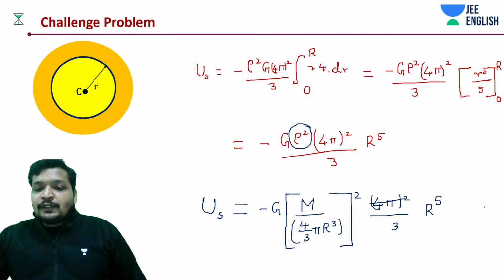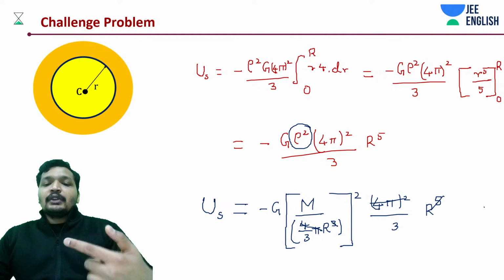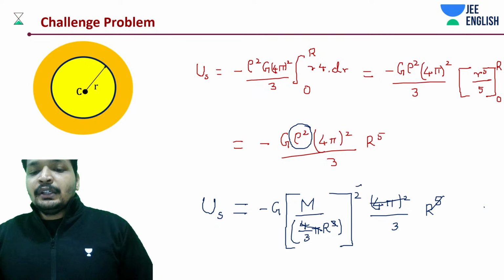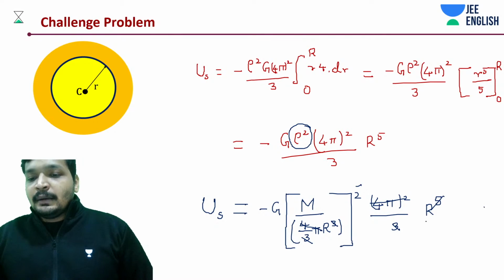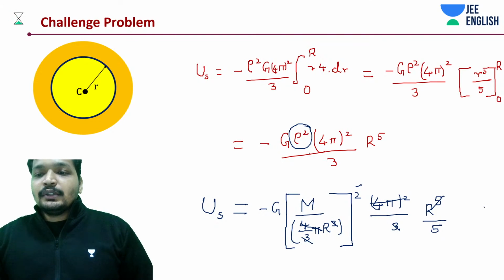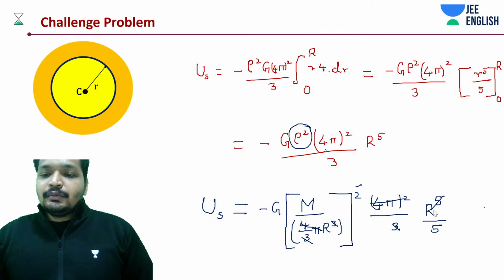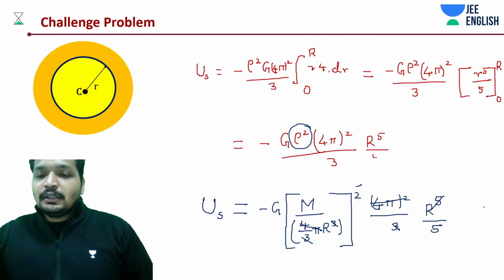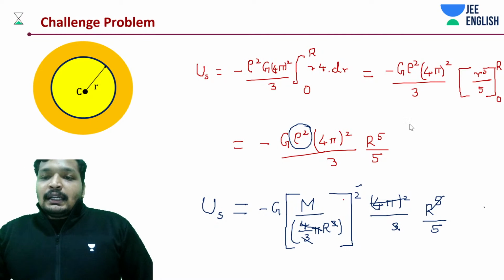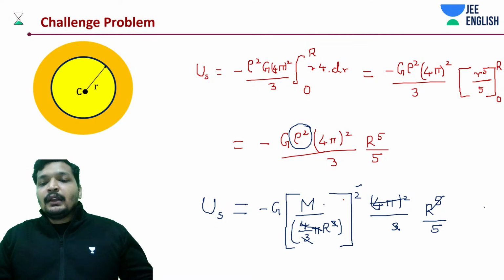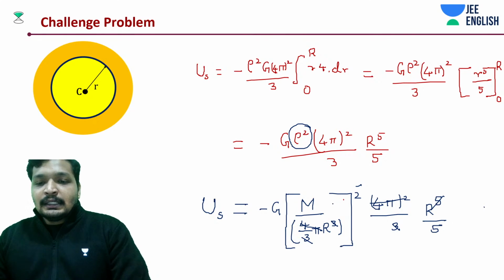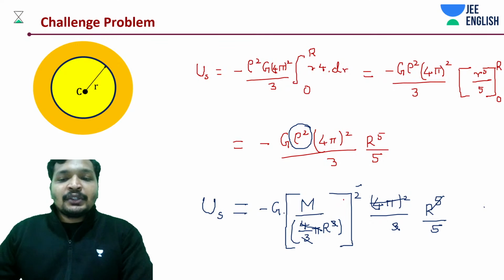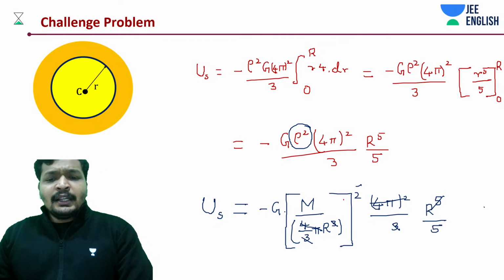Okay, so this 4 pi and this 4 pi can be cancelled out. Similarly, this r cube with r to the power 5 can be cancelled out, leaving r to the power 6. There's a square over here, and this square and one of these will go off, and we add pi 5 over here. That's it, and we'll be getting something like minus 3 g m square.